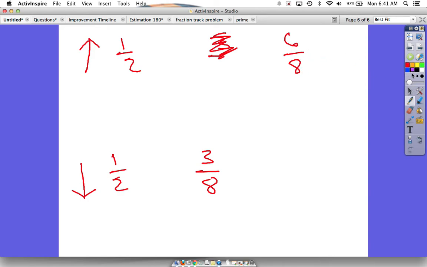How I find that out is I take the bottom number, which means we'd have something that's cut into 8 pieces. 6/8 means that we've got more than half of those pieces, because exactly half would be 4/8. It's always good to find exactly half. So 6 is more than 4, so this is going to be more than half. 3 is less than 4, so this is going to be less than half.